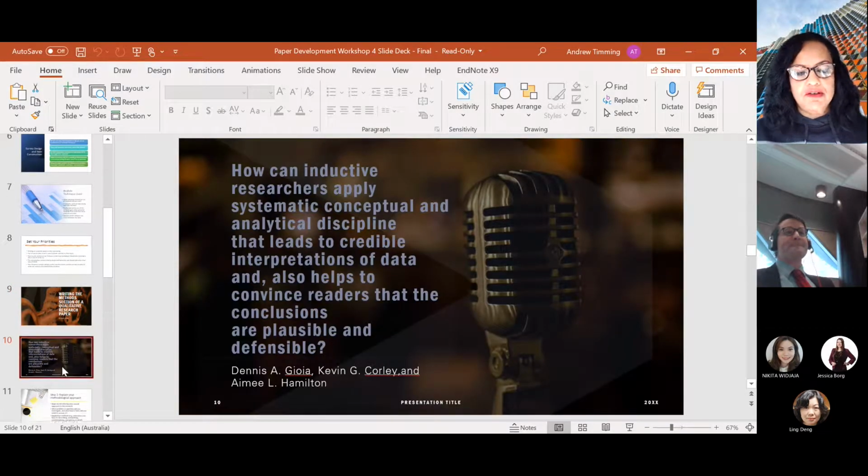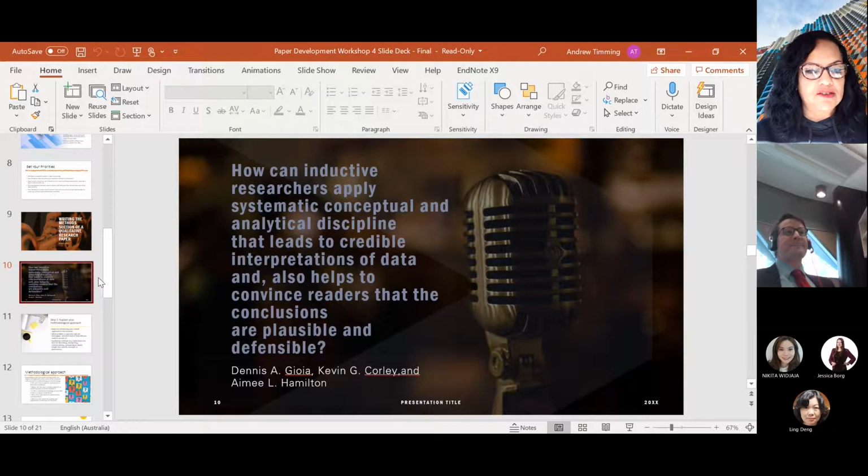Before getting into the steps of writing the method section, I just thought I would share this quote with you because I personally find this quote from Goya, Coley, and Hamilton from their 2013 paper a very helpful reminder for me about the important elements of writing the method section of a qualitative paper.